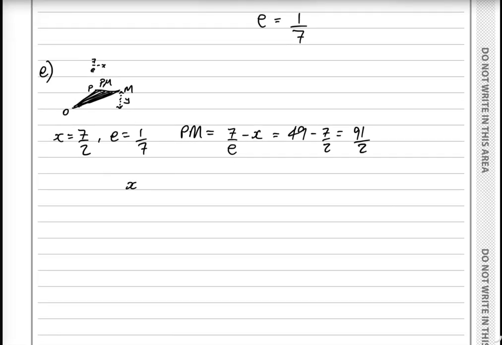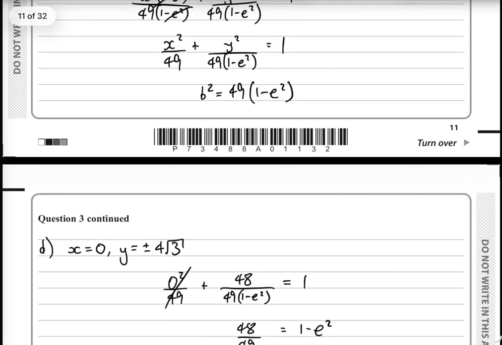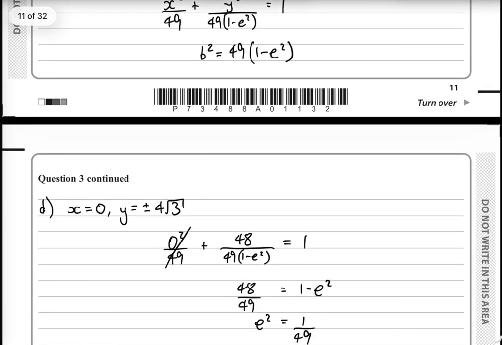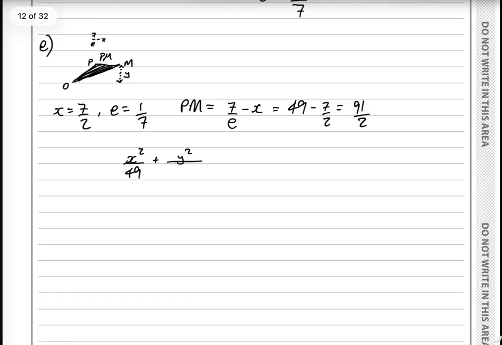So that was x squared over 49 plus y squared over 49(1 minus 1 over 49). So that's all 48.